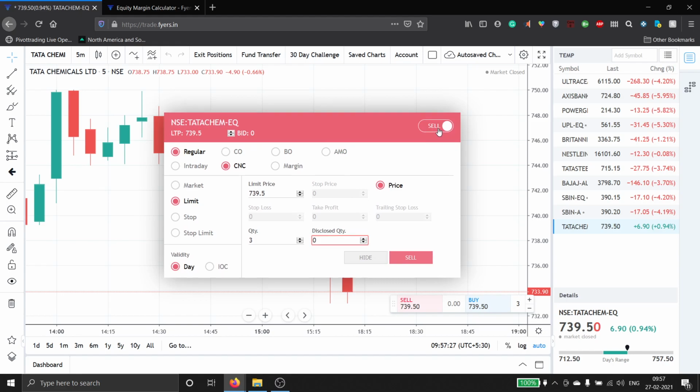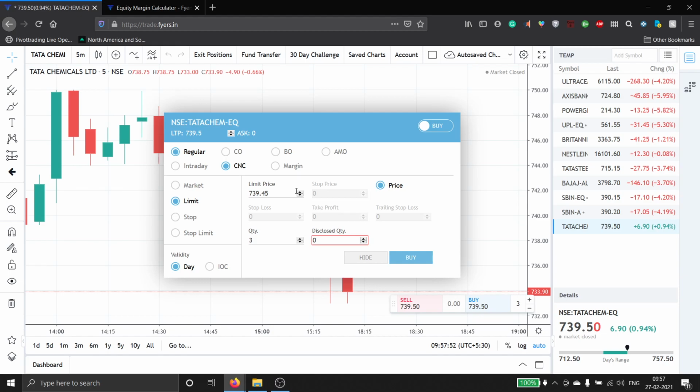You can toggle buy and sell by clicking on this. As you can see, I have clicked on this and it is now buy, so you are buying it. Now the third is stop. For buying, you can't buy at a higher price, you can buy at a lower price. Because if you buy at a higher price, you will be at a loss, right?